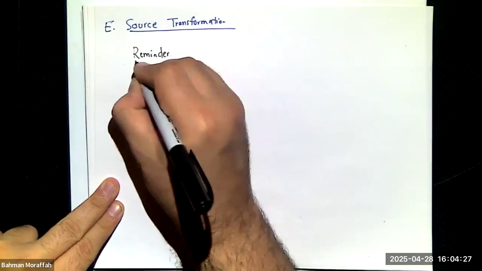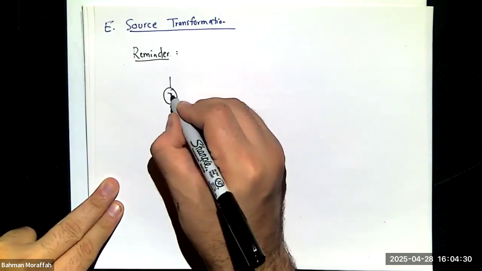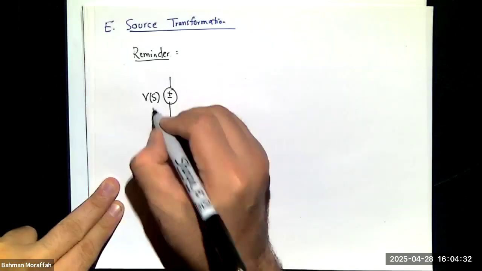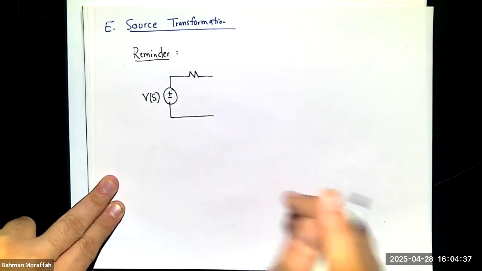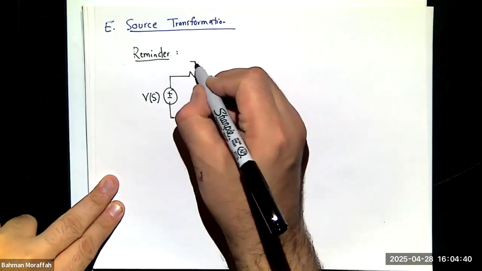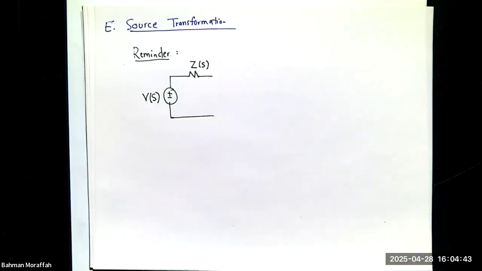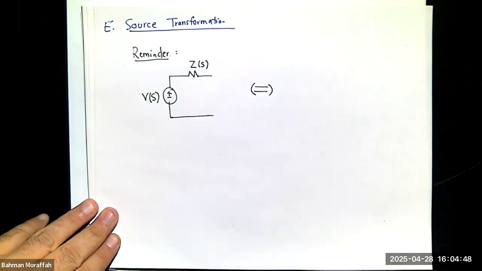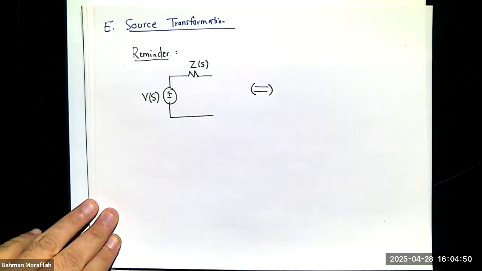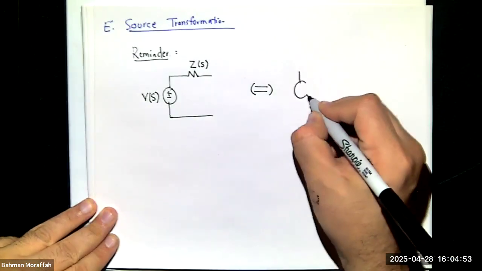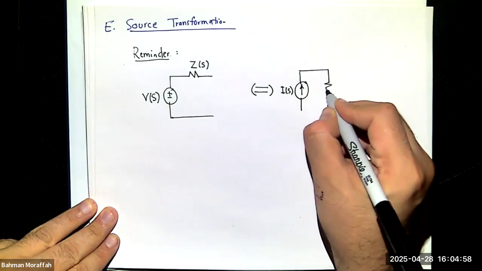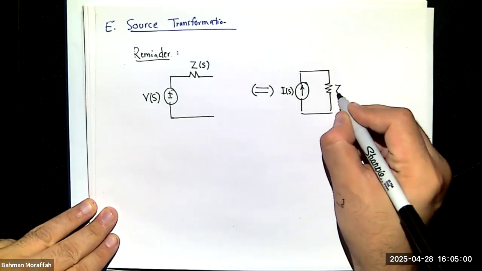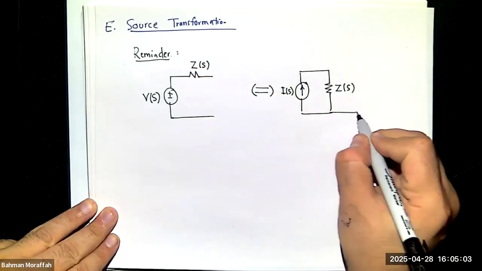It tells me if I have a voltage source, let's just say V of S, followed by some impedance, Z of S, I can redraw this as an equivalent circuit with a current source, I of S, with some impedance which is exactly the same as this impedance.